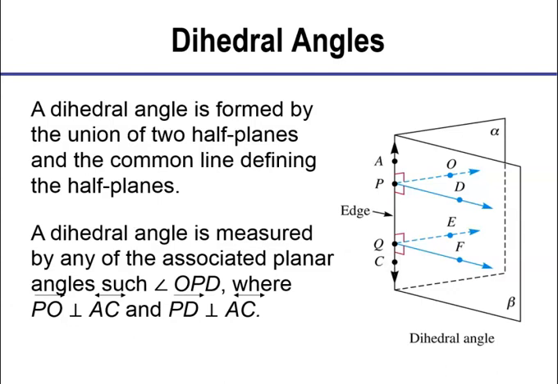So basically what they're trying to say here is to measure this dihedral angle, you just need to know the angle here or here. If you know those angles, then you know the measure of your dihedral angle. And again, a dihedral angle is just an angle between two half planes.